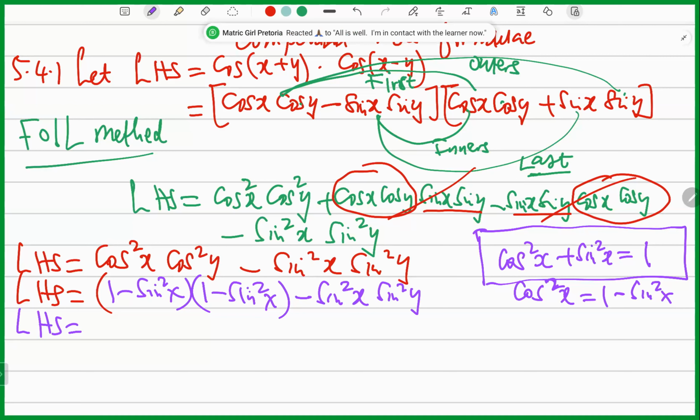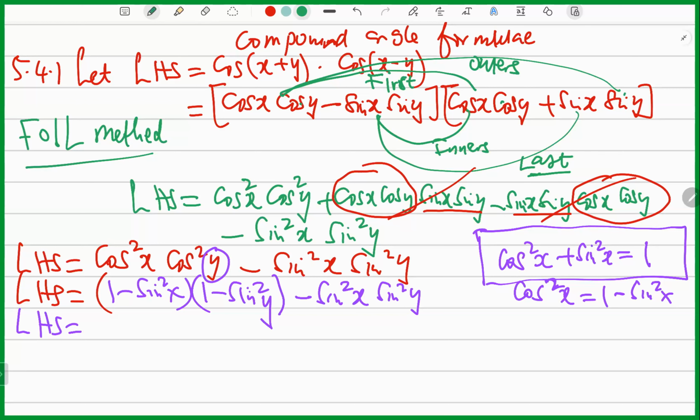Why is the second bracket not 1 minus sine squared y instead of x? Because it has a y, so it must be y there. True. Thank you for being smart.